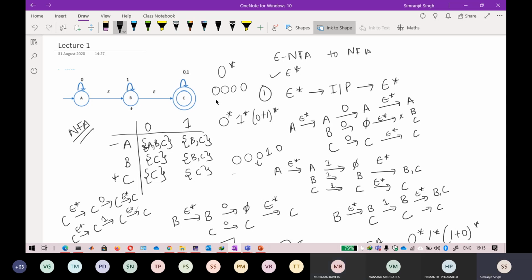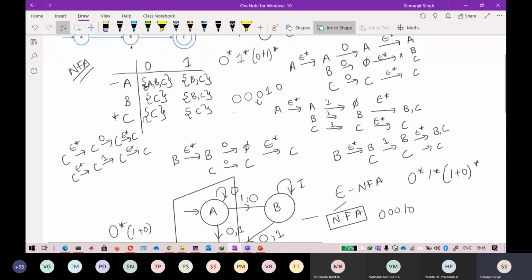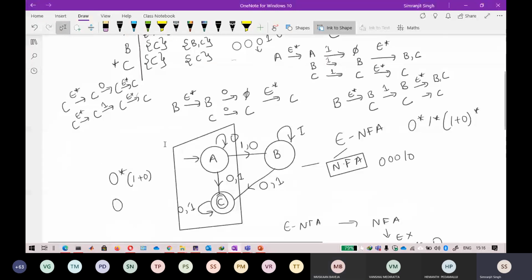Yeah, this is absolutely possible, but we have converted this epsilon NFA into an NFA. So the epsilon move will not be possible in the NFA. So that is why I'm saying that the language accepted by the epsilon NFA will be equal to the equivalent NFA that we have converted. Okay, so if you're saying that it can reach the final state, that is C, it means that it can accept any number of zeros.